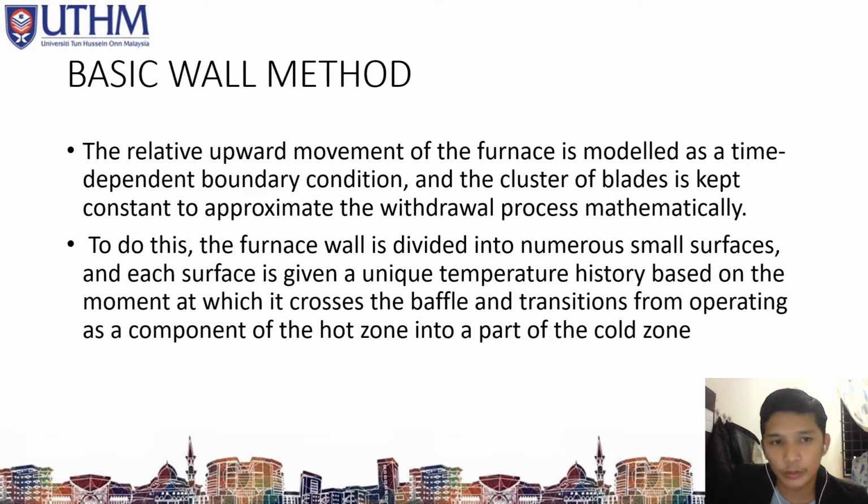Okay, to do this method, the furnace wall is divided into numerous small surfaces, and each surface is given a unique temperature history based on the moment at which it crosses the baffle and transitions from operating as a component of the hot zone into a part of the cold zone.